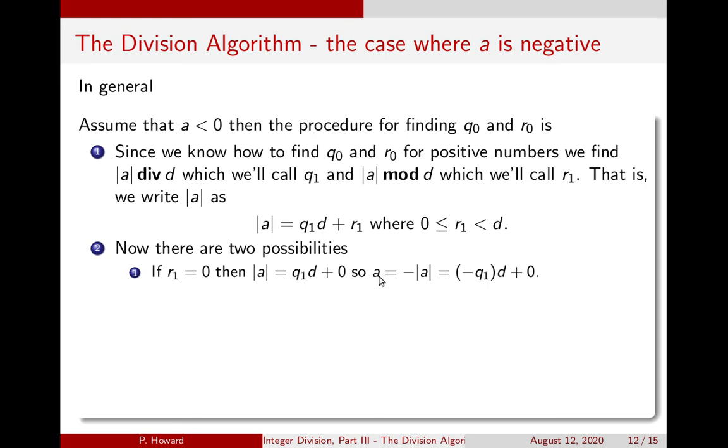So a, which will be minus the absolute value of a, will be minus q1 times d plus 0. So the quotient when you divide a by d is minus q1, and the remainder is 0.